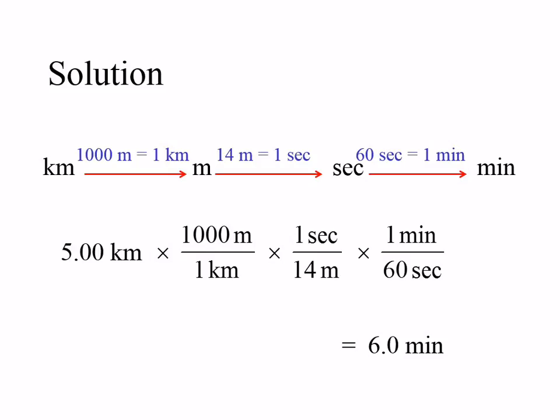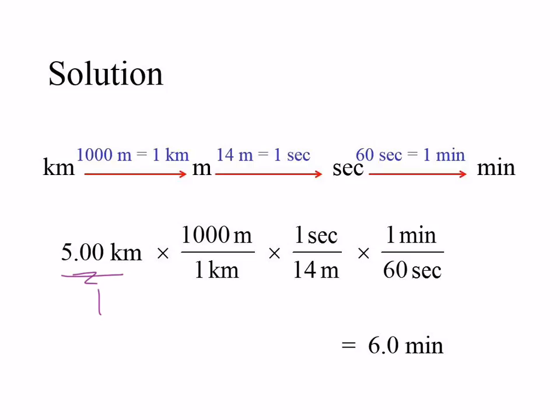Any questions about that? If you take 5.00 times, well, I guess you don't really have to do times, since it's 5, because if you do over 1, wouldn't it be 5? I would usually put that first term over 1 so I show that my kilometers are in the numerator on top.